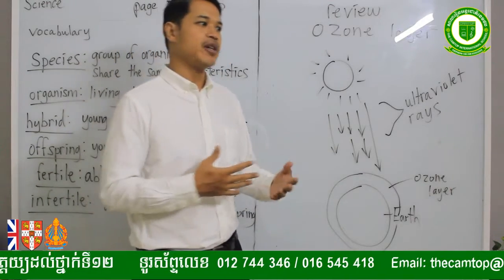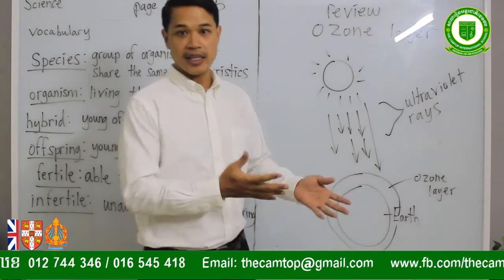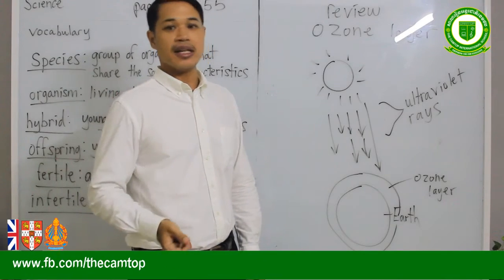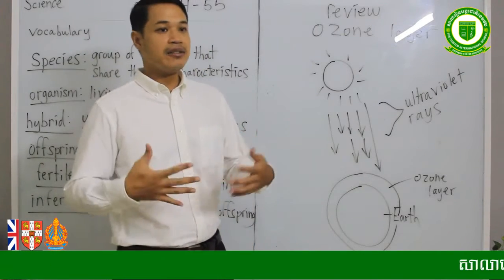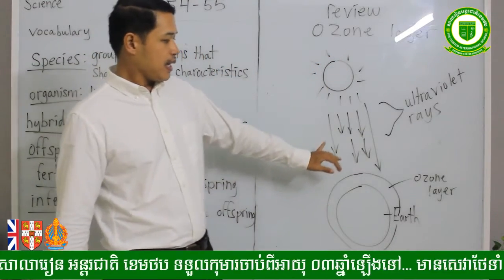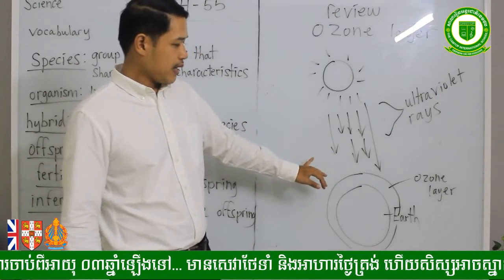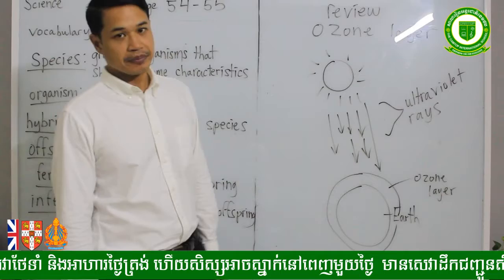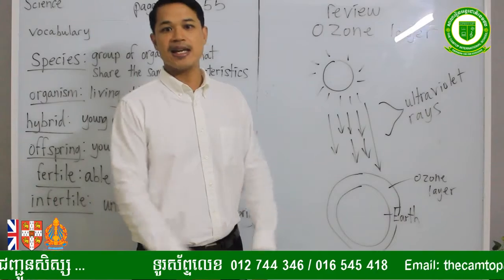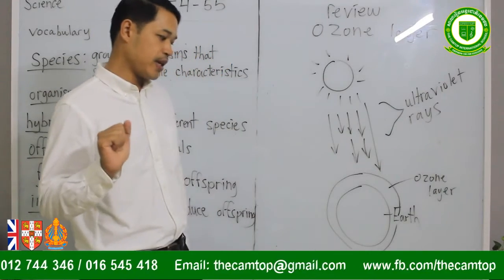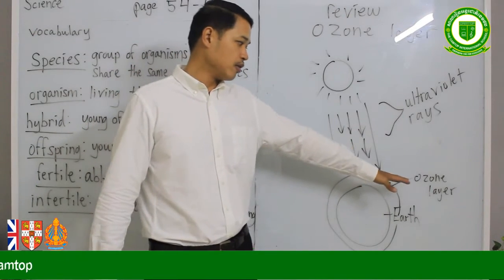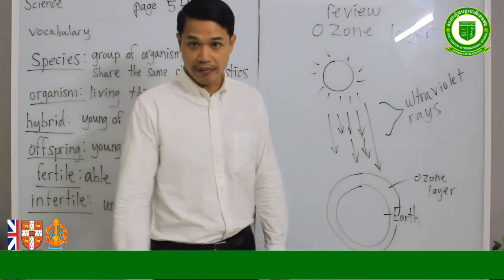We used to put that in refrigerators and air conditioners, and the air conditioners, refrigerators, and aerosol spray cans released the CFC into the atmosphere, and those CFCs destroy the ozone layer. But now the CFCs are banned. We don't use that anymore in air conditioning and refrigerators. Since we banned them, the ozone layer is healing, is recovering.